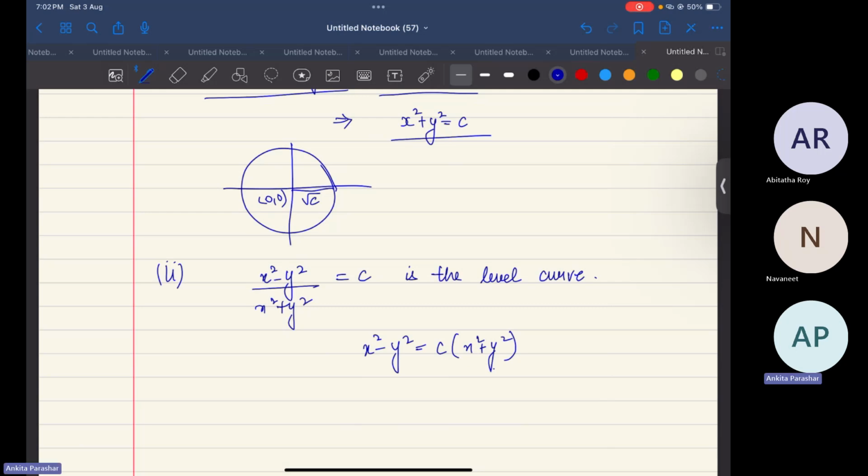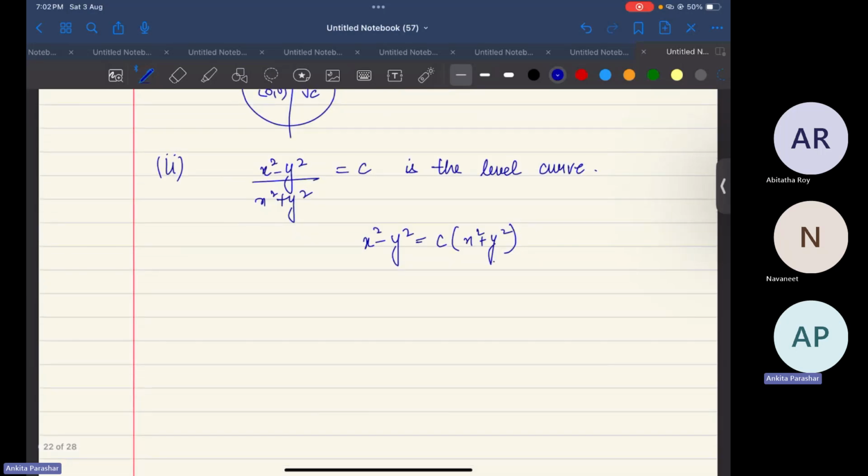It should be x square into 1 minus c and y square into 1 plus c.